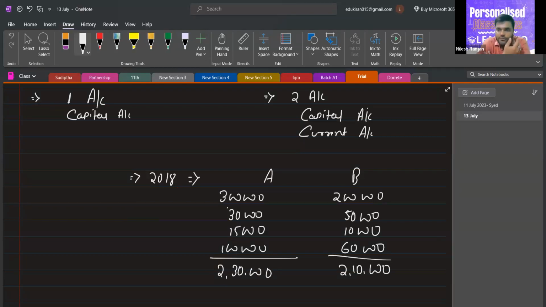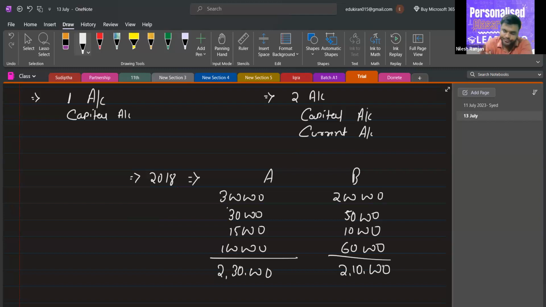You cannot find out how much capital was invested by A and B without seeing the previous books, the books we prepared 3 years before. So we have to see that book. That's why this is the big problem for the firm, that we don't know the actual amount invested by the partner. So we started to prepare 2 accounts.